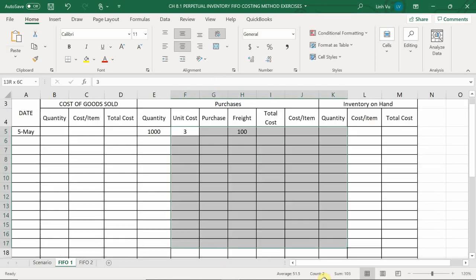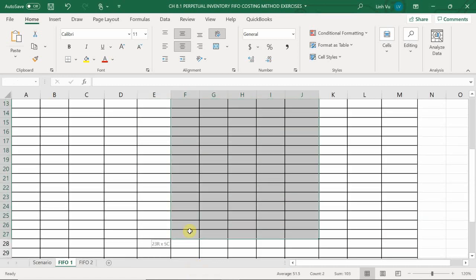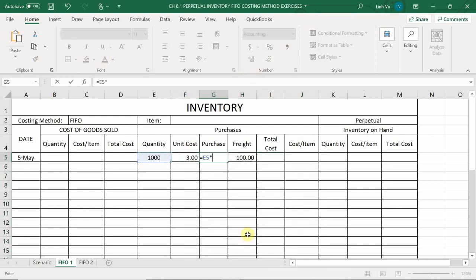So, with that being said, what is my total purchases? 3,000. 3,100 with freight.